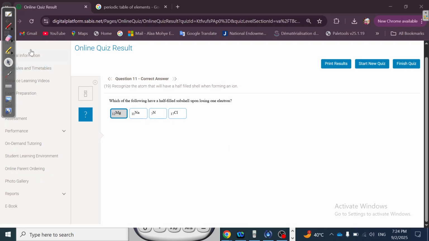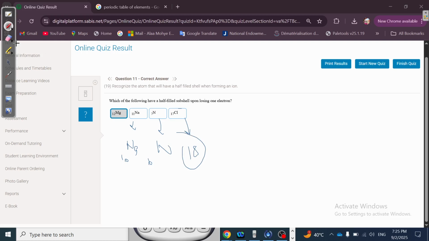If you try for the other ones, sodium becomes Na+, so do the electron configuration of Na+. Remember, Cl, if it gains one electron, becomes Cl minus, so it becomes 18 electrons.